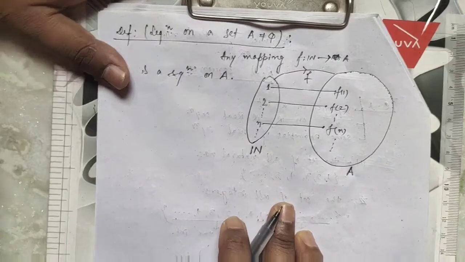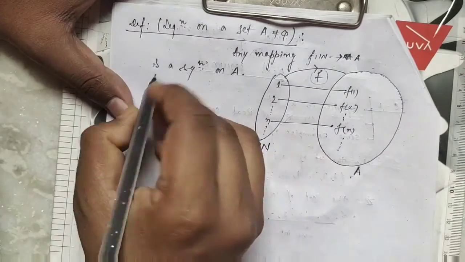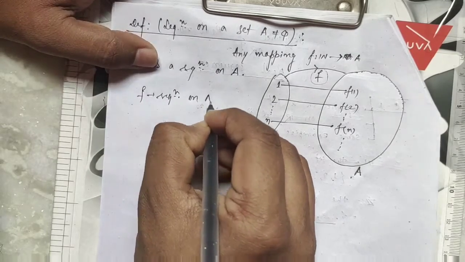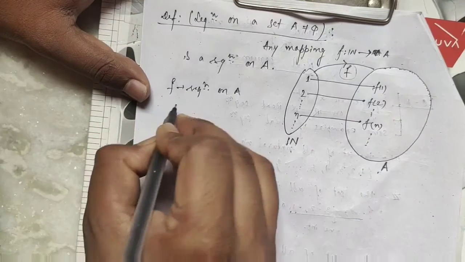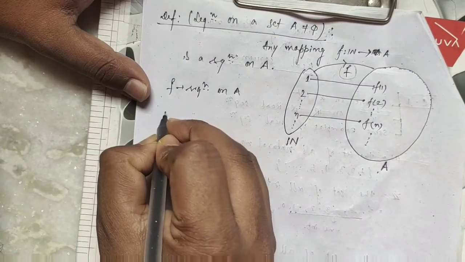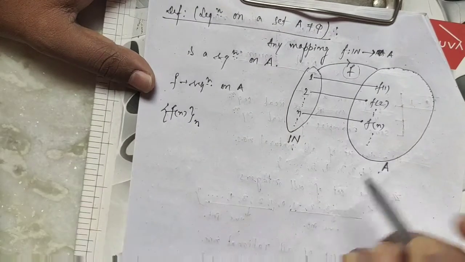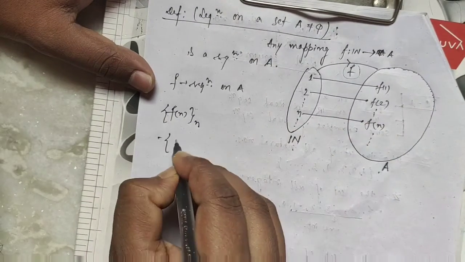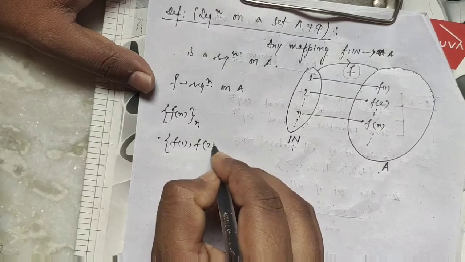So f is a mapping from N to A, so f is a sequence on A. Any mapping f from N to A is a sequence on A, and the sequence f is denoted by this, that is the image set under f in order.